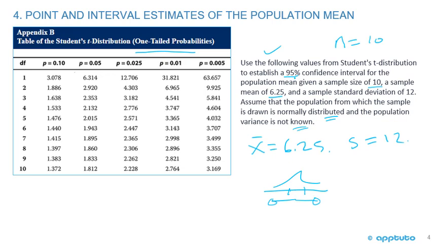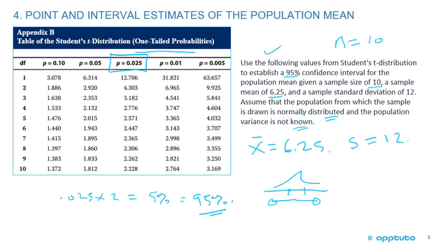So when they're asking for 95% confidence on a mean and they're giving you the one-tailed probability table, then we need to be using this column here, 0.025, because 0.025 times the two tails is going to give us 5%, which is what we're going to use for the 95% probability, okay?